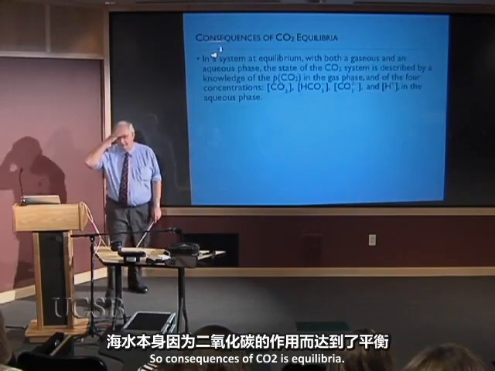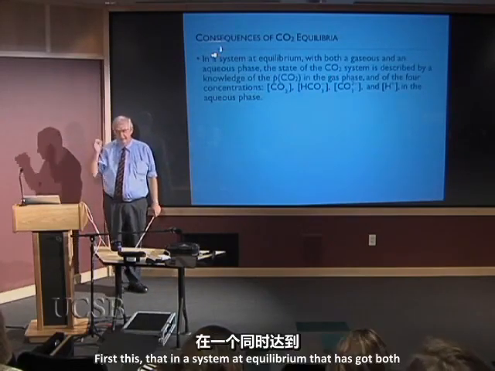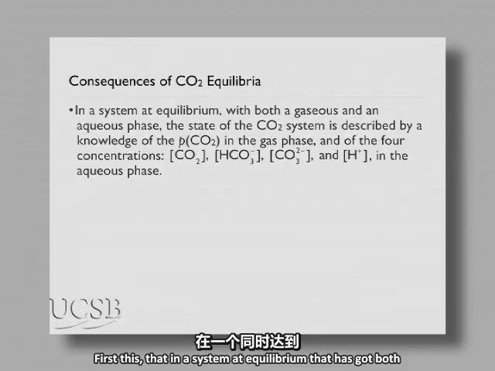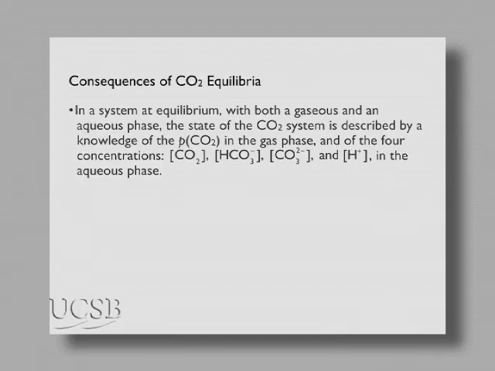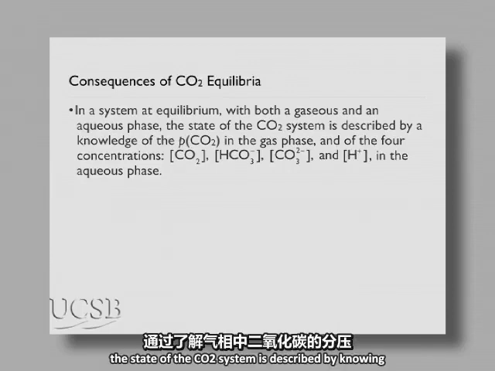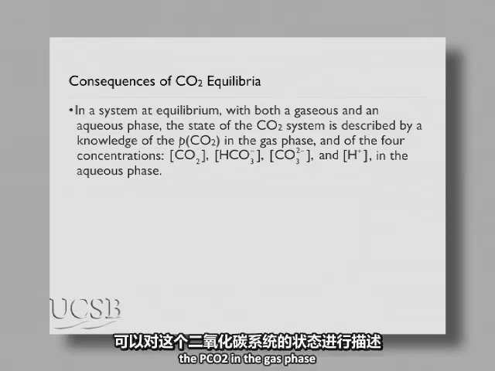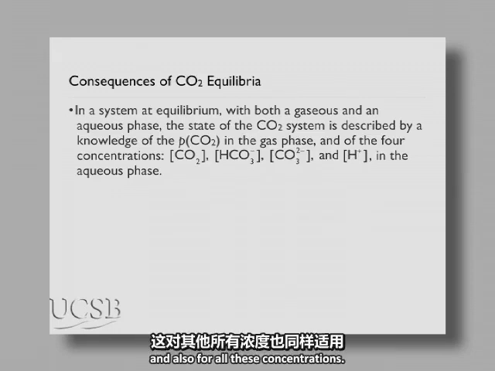So, consequences of CO2's equilibria. First this, that in a system at equilibrium that's got both a gaseous and an aqueous phase, the state of the CO2 system is described by knowing the PCO2 in the gas phase and also all these concentrations.